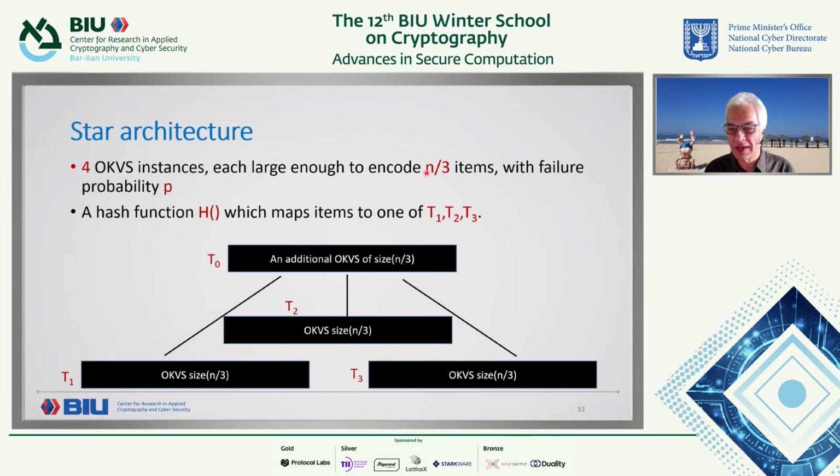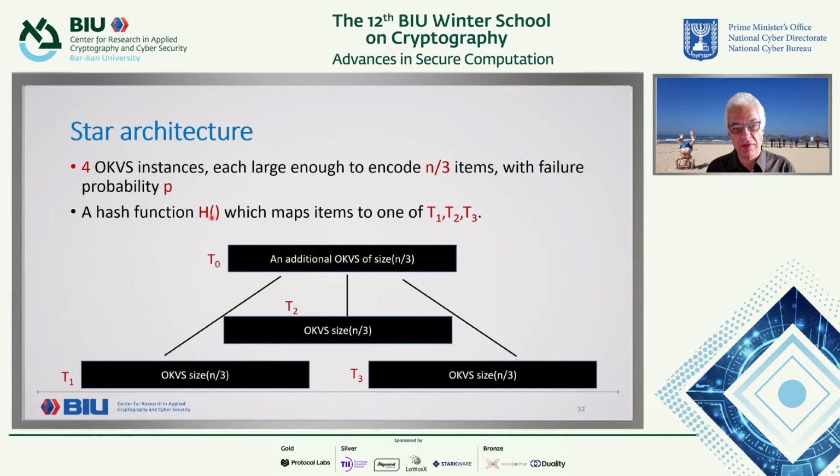So basically, the total size is like 4/3 times n, so it's going to be larger than n. And each one of them is large enough to store n over 3 items with failure probability p. So p is going to be like 2 to the minus 15 or something like this. These are fewer items, so we can verify this using experiments. And we want the whole construction to have a failure probability of, say, p squared, which is going to be 2 to the minus 30.